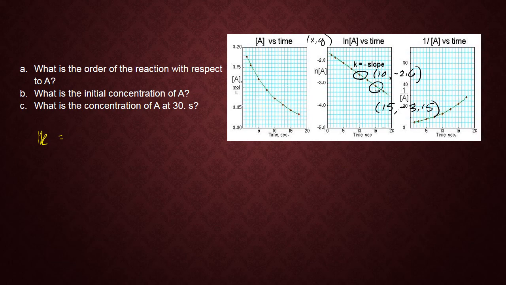So the slope then becomes negative 2.16 minus negative 3.15 divided by 10 minus 15. I'll go ahead and calculate this out. So I end up with a slope of negative 0.198. Now I'm ready to finally solve this problem.